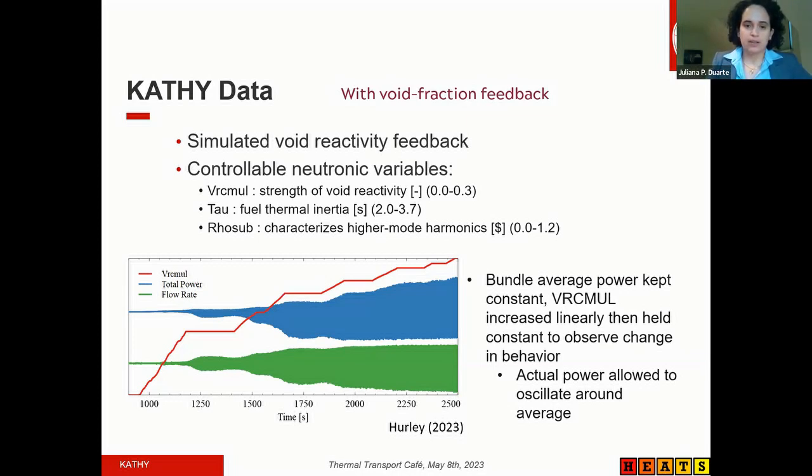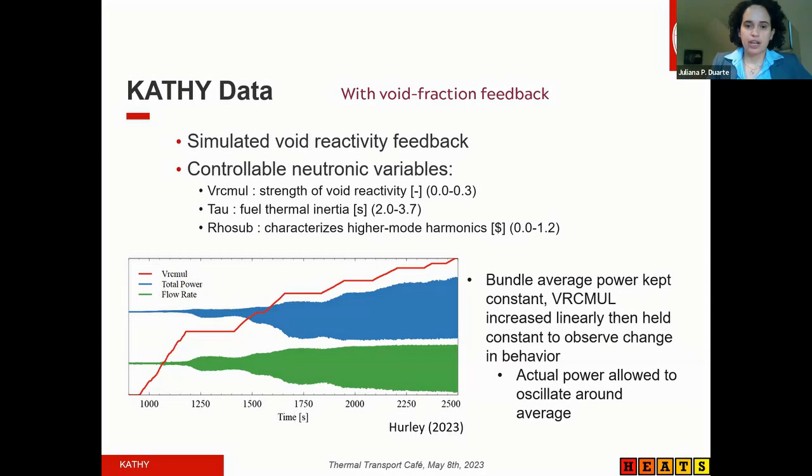What they actually did was, for each experiment, they fixed the fuel thermal inertia, which also simulates the time delay between the void fraction and the power change to match a boiling water reactor. They also fixed the higher mode harmonics in the neutronics part. We could know what it is, but as I said, the actual code is proprietary.